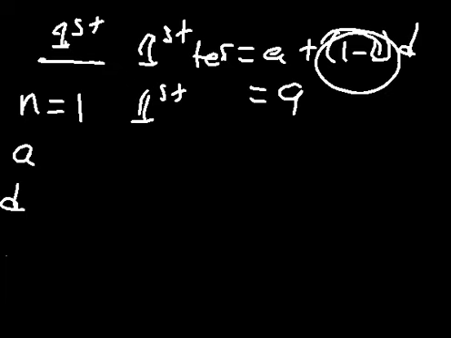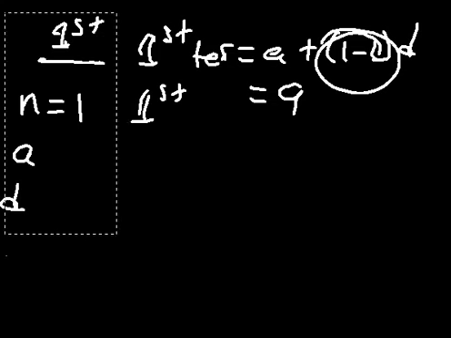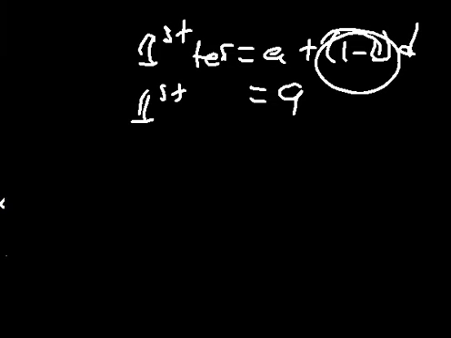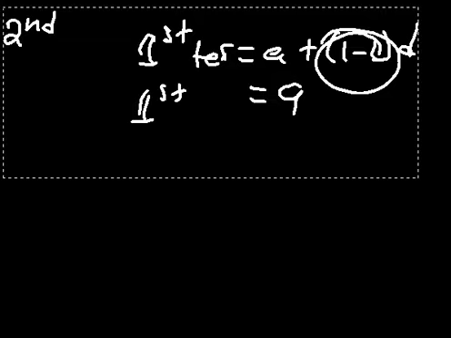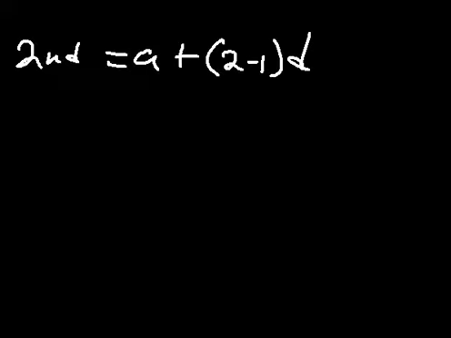And how about if we have to look for the nth term for the second term? What is the formula for the nth term for the second value? For the second term, we'll have the first term plus, now the number of terms is 2, minus 1 times the common difference.